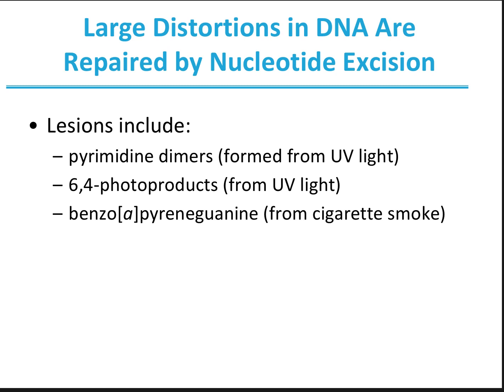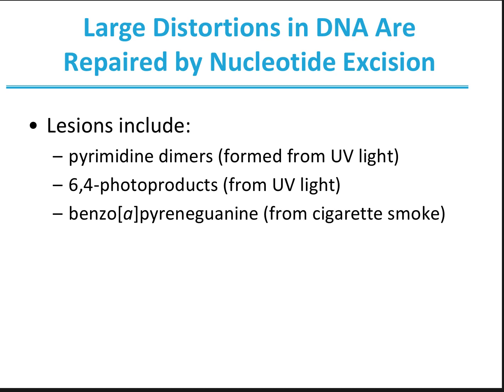So DNA lesions that result in large distortions of the helical structure of DNA are repaired by the nucleotide excision pathway. These lesions include pyrimidine dimers, which are formed from UV light. Also, there are 6,4 photoproducts, which are also formed from UV light.